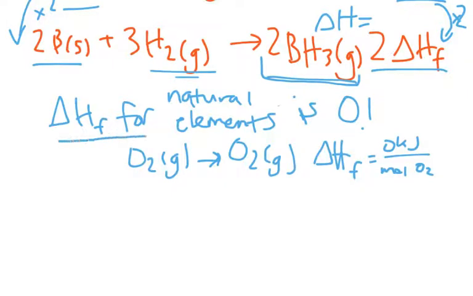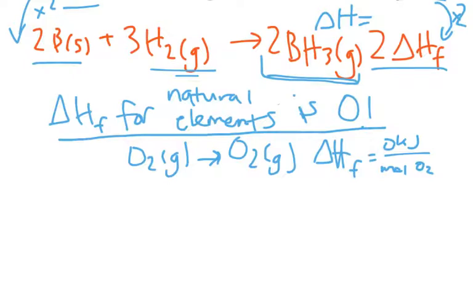The ΔH of formation for natural elements is 0. So for example, the ΔH of formation for O2 gas, which is the most common and the most stable elemental form of O, will have a ΔH of F of 0, and this is because if you think about it, to make O2 gas from its natural components, you simply take O2 gas and you make O2 gas.